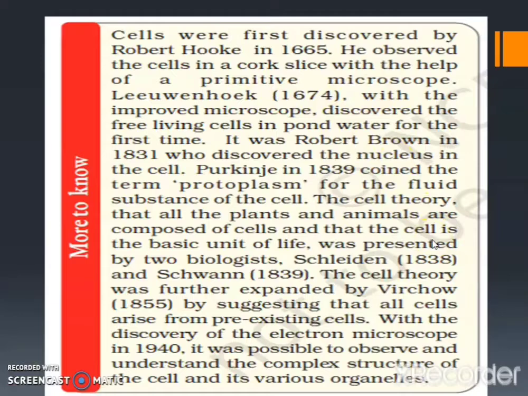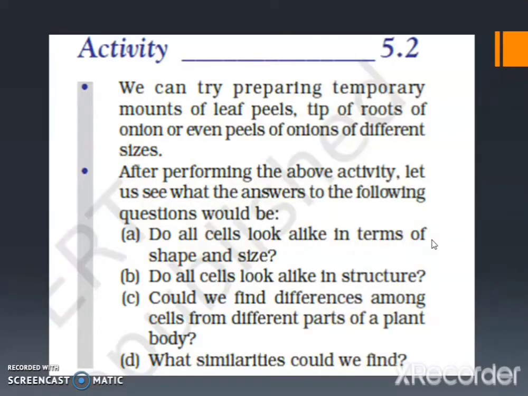Now let us see an activity which was given in your textbook. It is activity 5.2. So we tried the onion peel temporary mount, right? We can try preparing temporary mounts of leaf peel, tip of roots of onion, or even peels of onion of different sizes. You can take any of these and do the temporary mounts.